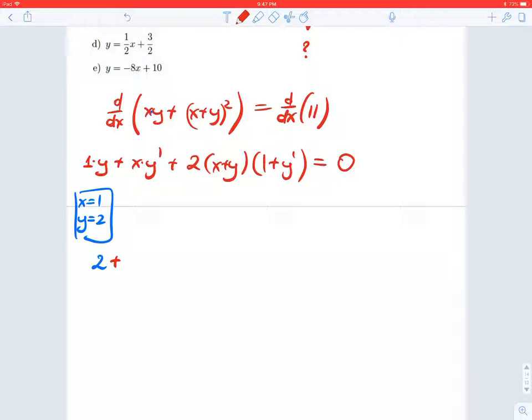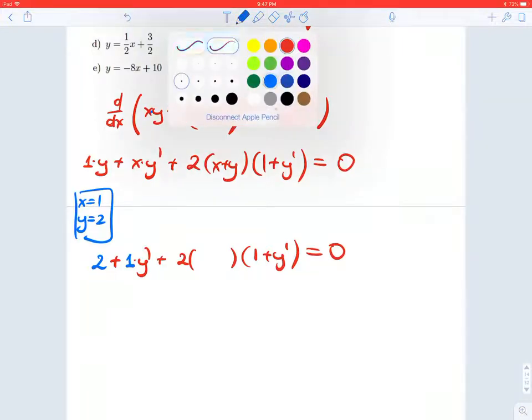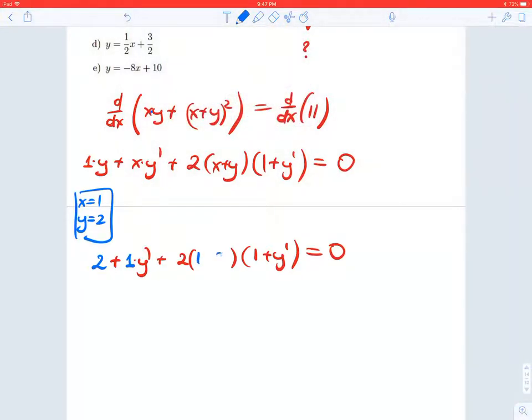I'm switching the colors. 1 is substituted for x, and then y prime. 2 times (x plus y), times (1 plus y prime), equals 0. And x plus y is simply 1 plus 2. Let's see what we have. 2 plus y prime. 1 plus 2 is 3. 3 times 2 is 6, and I will distribute the 6.